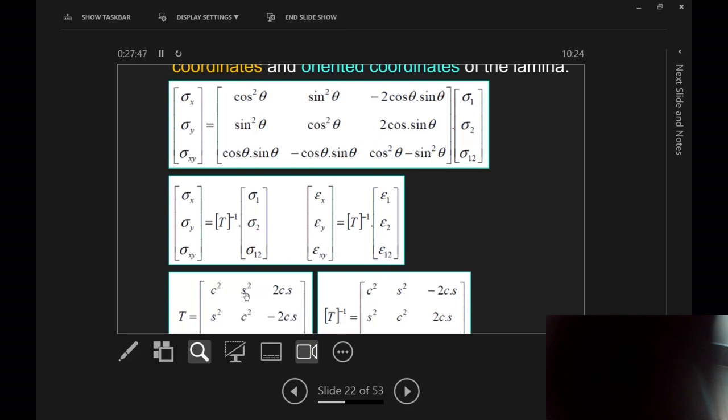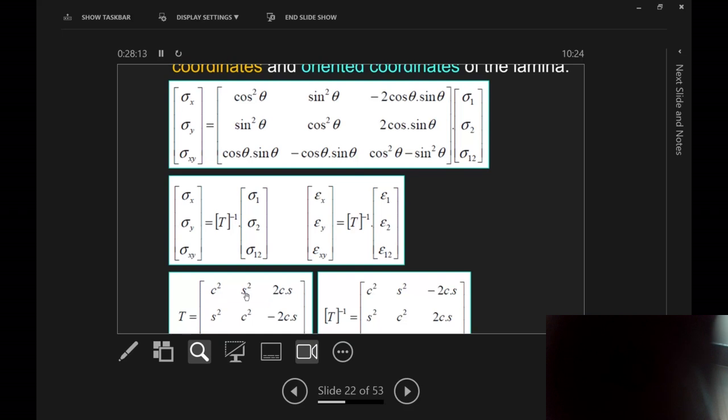Or you can, we do call that inverse of T. That's the name. So inverse of transformation. So the transformation matrix is essentially cos of theta to the power of 2, sin of theta to the power of 2, cos of theta sin of theta, and so on and so forth. The inverse of that is essentially that matrix.